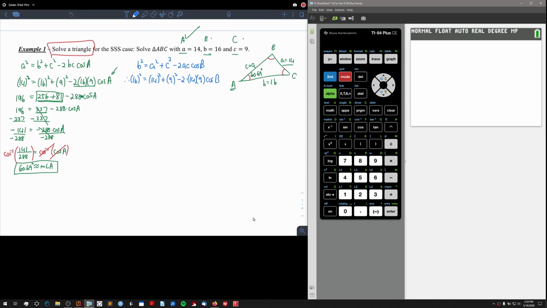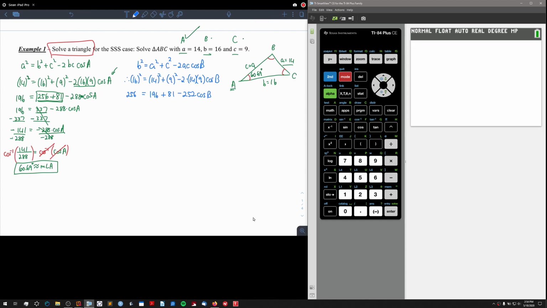And go through and square stuff and do everything you can there. So I do 256 is equal to 196 plus 81 minus, and then put this in your calculator. I think you get 252 cosine B.